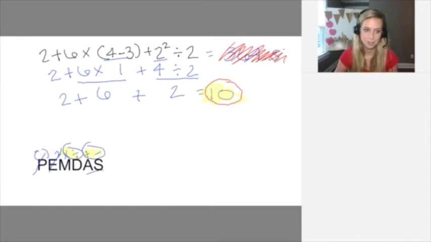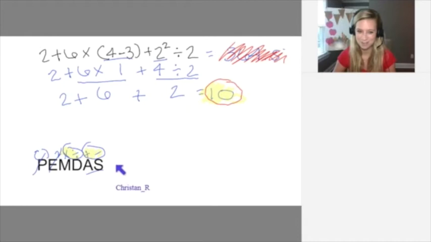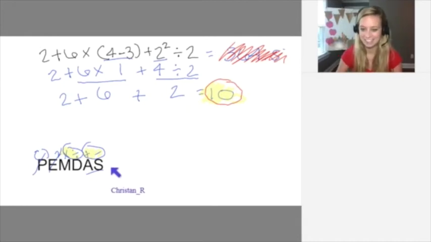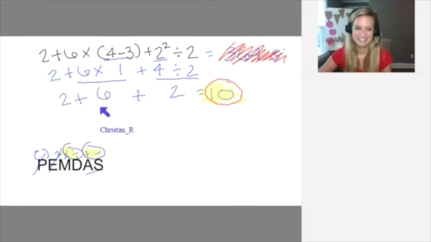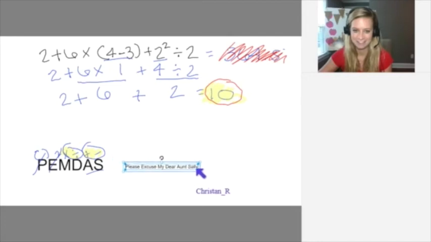Now, if you've never heard the term PEMDAS before, you might think it's a pretty tricky one to remember, and it is. So I'm going to give you a little mnemonic device to remember this term. Please excuse my dear Aunt Sally. Using this might be easier to remember for you.